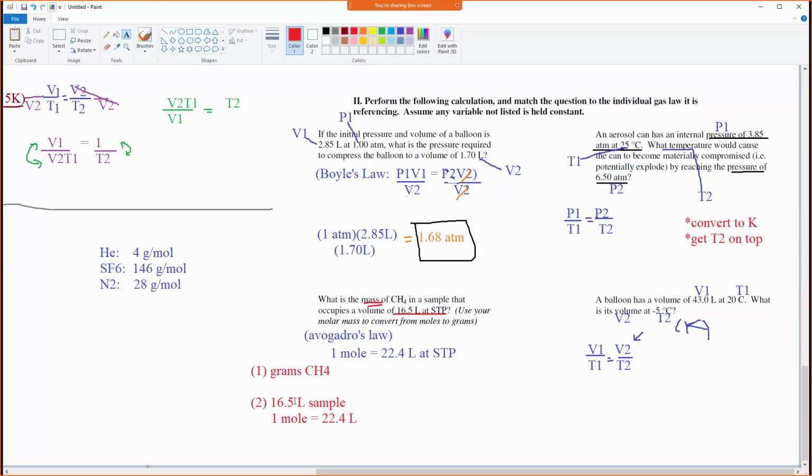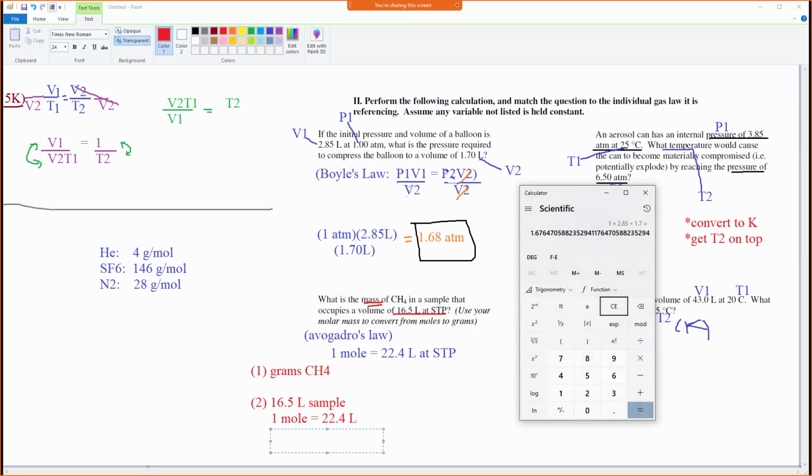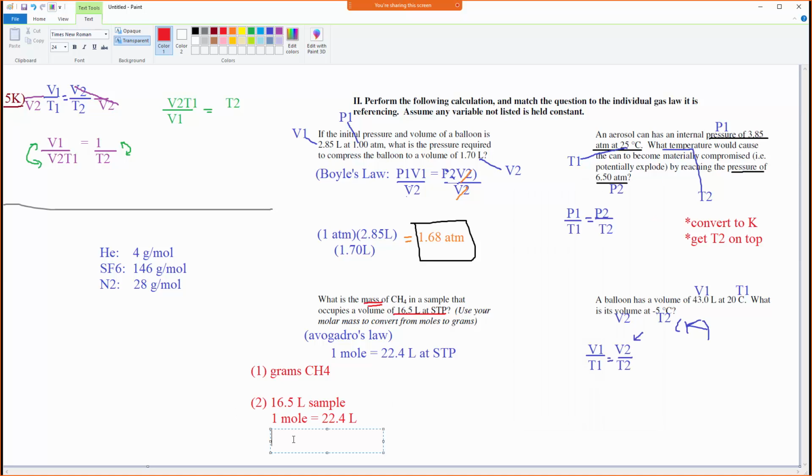So I could go from liters to moles because they're both at STP, but how do I go from moles to grams? The molar mass, can't forget that. All right, periodic table, carbon is 12.01, and I've got 4 hydrogens, each at 1.008, so 16.042 grams at a mole.